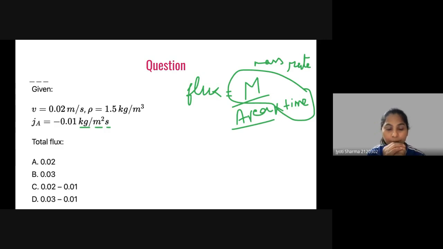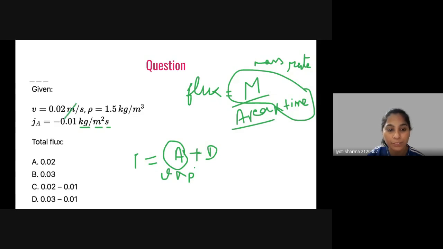So the net or total flux is equal to the flux due to velocity, which is the advection, plus the flux due to diffusion, right? The flux due to advection is velocity multiplied by your density. Just see here the unit, meter per second, kg per meter cube.